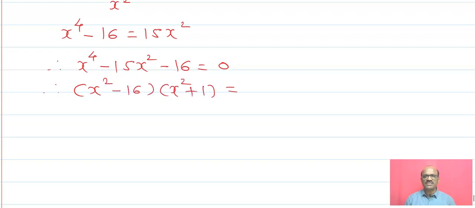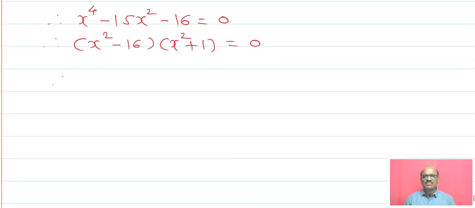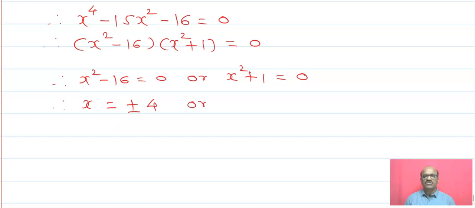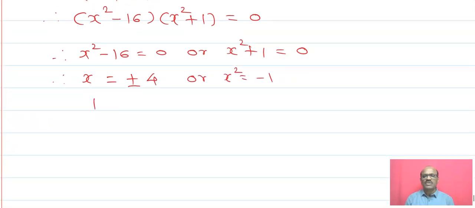You will get the factors minus 16 and plus 1. Therefore x square minus 16 equals 0, or x square plus 1 equals 0. x is equal to plus or minus 4 and x square is equal to minus 1 again.